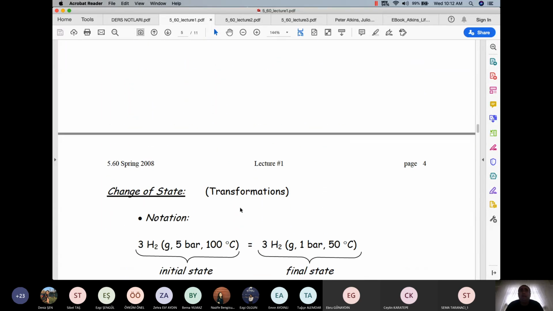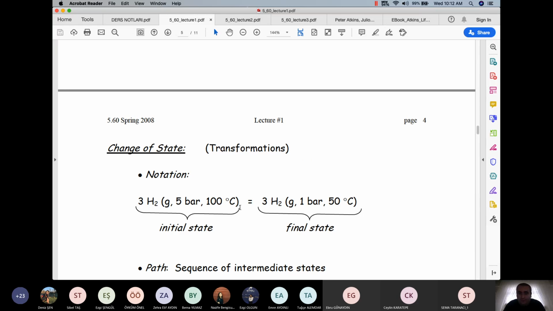Okay, and once we have defined the system, this is very important in thermodynamics actually. Once you describe the system, you are not only allowed to know about the system now, you are also able to predict the behavior of the system after some change you have carried out.